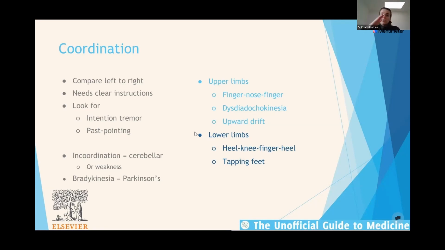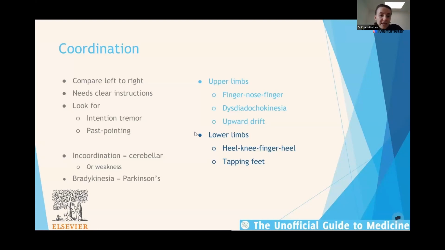And then dysdiadochokinesia, this is this movement. Hopefully you've all seen it. And whichever way works best to instruct patients to do this, because it can commonly be a really confusing thing to suggest. And then your lower limbs, so similar things. Put your heel on the patient's heel, or put the patient's heel on their shin, draw it up to their knee, and then to your finger, which should be a full sort of leg length away, and then go round in that circle.